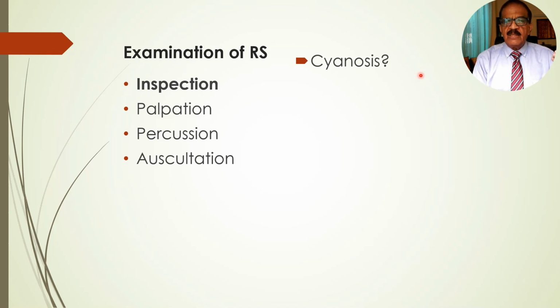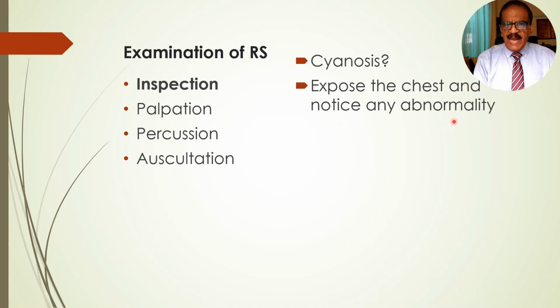You examine the lips and the ear lobules and the tongue and the mucosal surfaces in good daylight. If there is cyanosis, you make a note of it, and you also try to differentiate between peripheral or central cyanosis. Now, if patient has other symptoms and signs of respiratory disease, then cyanosis is likely to be central.